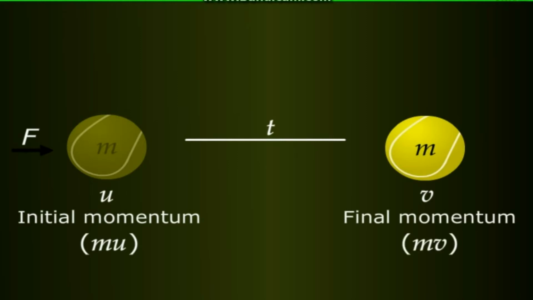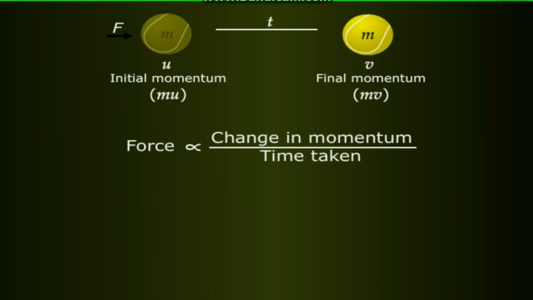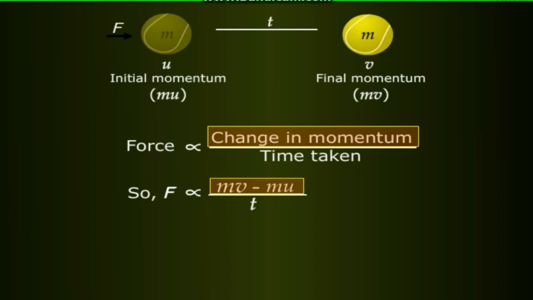Now, according to Newton's second law of motion, force is directly proportional to change in momentum upon time taken. So, F is directly proportional to (mv minus mu) upon t, where mv minus mu is the change in momentum.